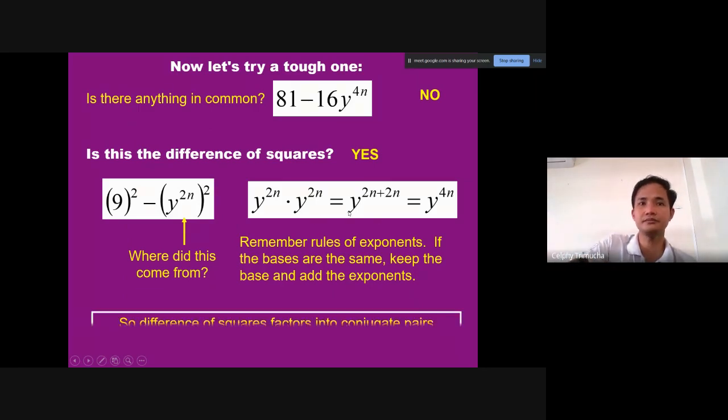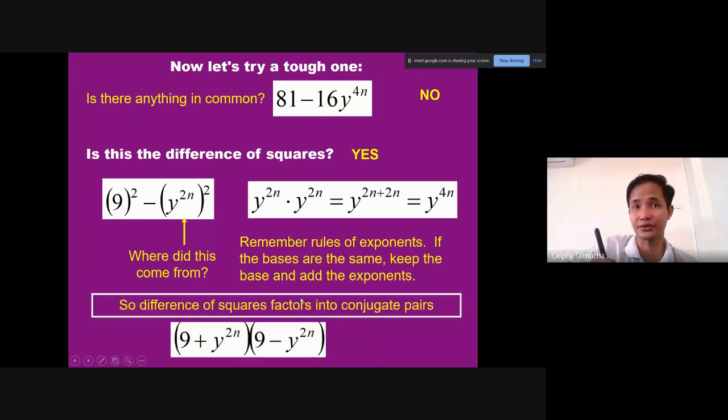So the difference of square naton will be, okay, since perfect square man siya, both silingon, we have conjugate pairs.